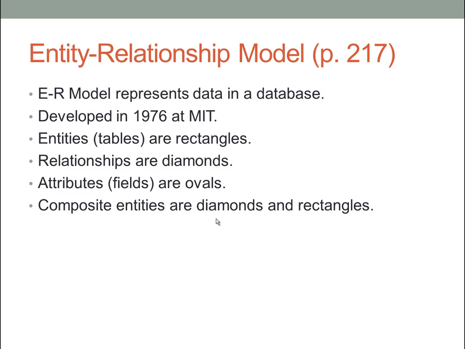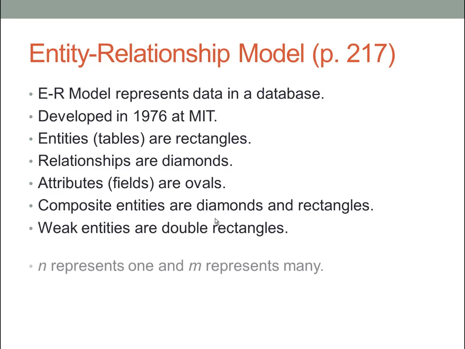Another one you might see at times are weak entities. These are double rectangles. Page 221 has an example. See, the orders table is a weak entity, so it's represented by the double rectangle. A weak entity corresponds to the term dependent entity.